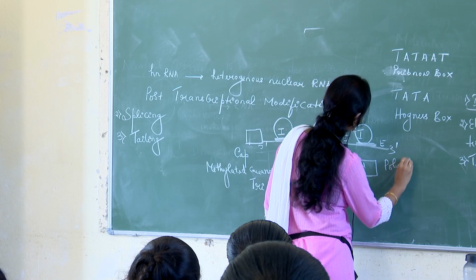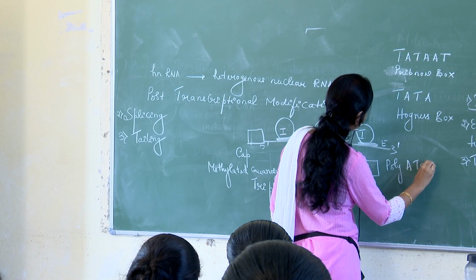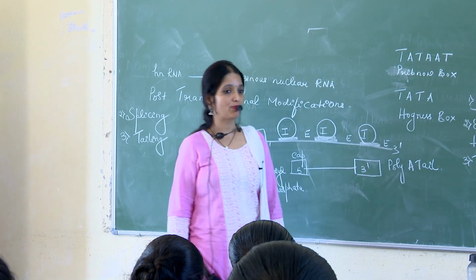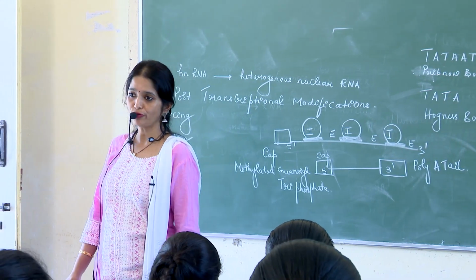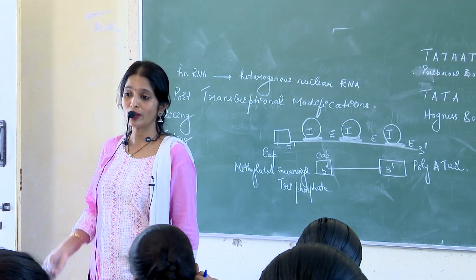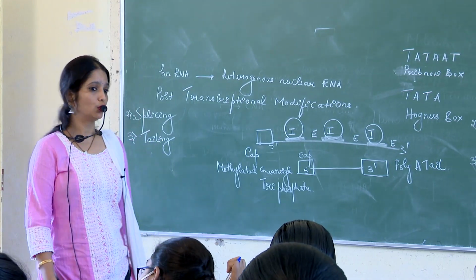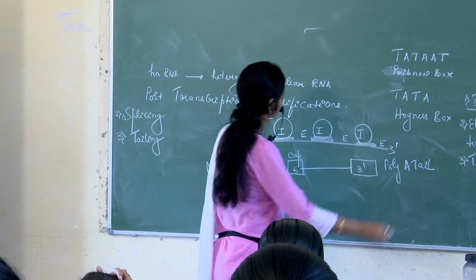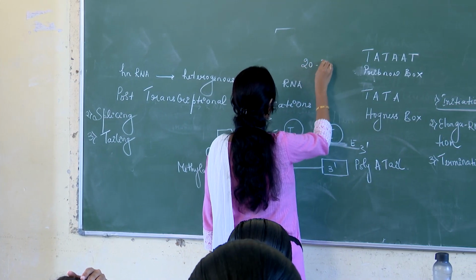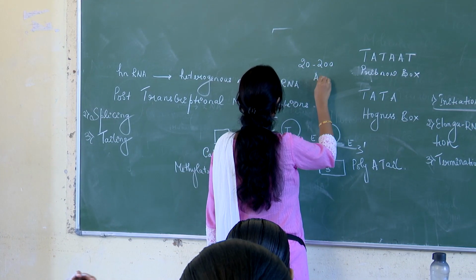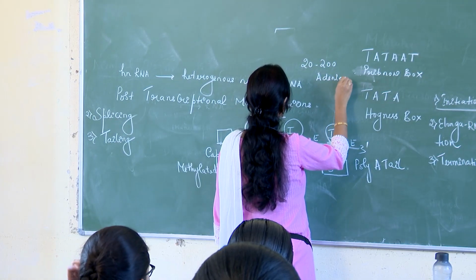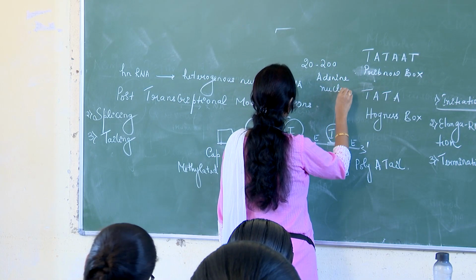Poly A tail. Now what is this poly A tail made up of? What is it made up of? 20 to 200 adenine nucleotides. What is in it? Yes, adenine nucleotide.